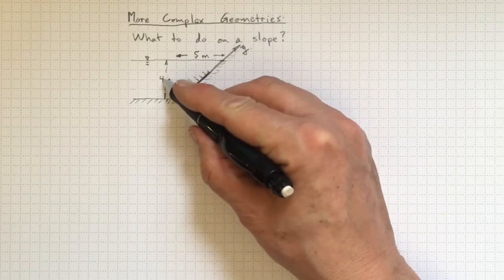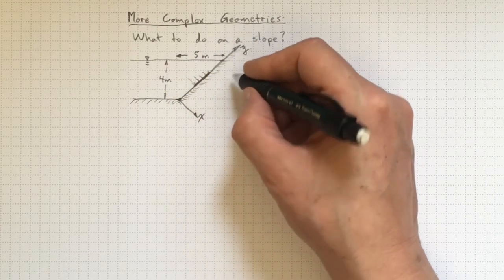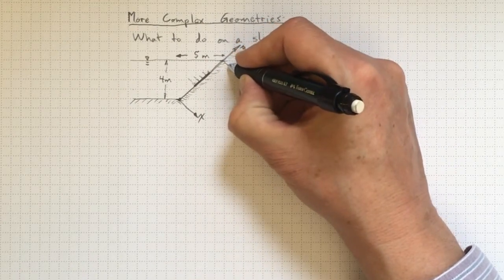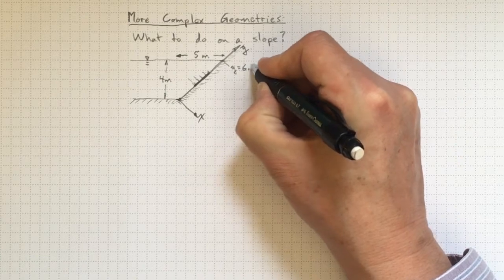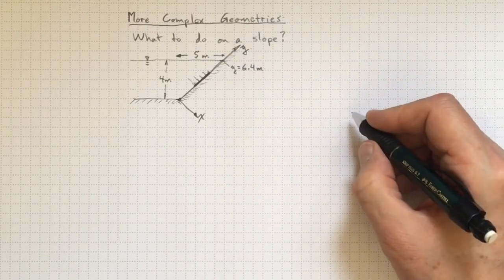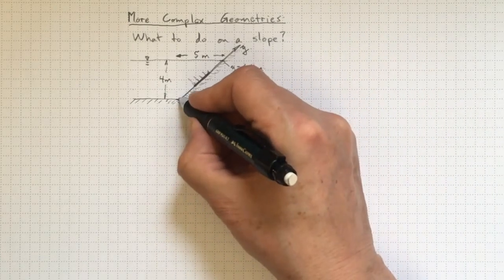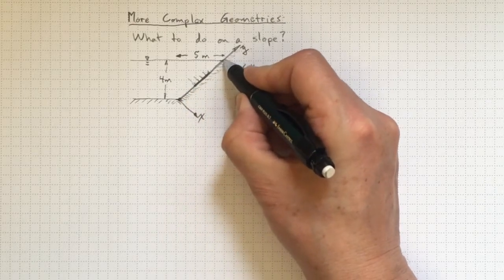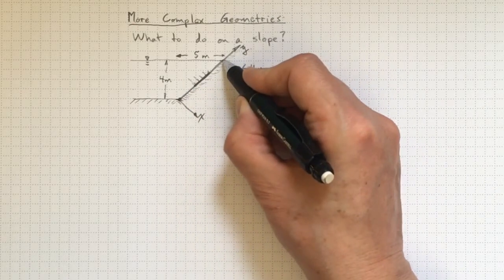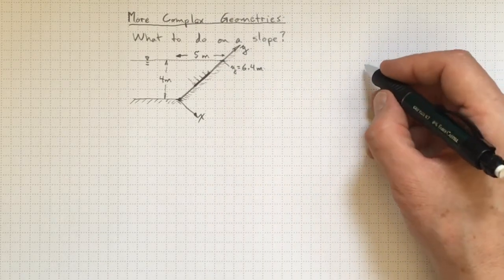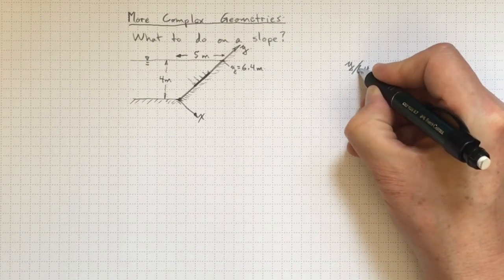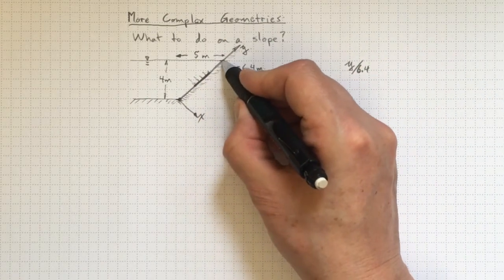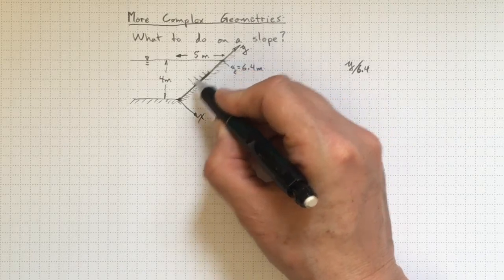So from Pythagoras, 4 squared plus 5 squared, square root, I find that that location there, that's where y is equal to 6.4 meters. So if I was progressing along the y-axis from here up to the surface, I would be going from 0 to 6.4 meters. So my progress would be y over 6.4. That's the fraction of the distance that I've gone along here.